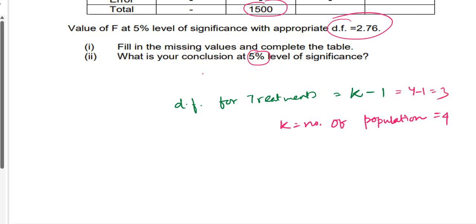And what is the degrees of freedom for error? This is equal to the total number of observations minus the total number of populations. Now what are we calculating?